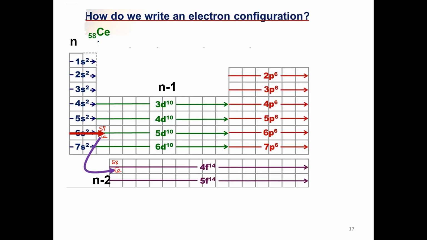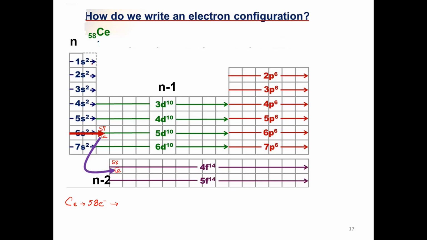And now let's write the electronic configuration up to here, and let's see what happened after that. Then we want to write the electronic configuration for cerium, which has 78 electrons.